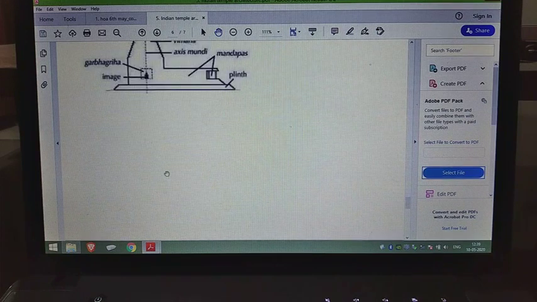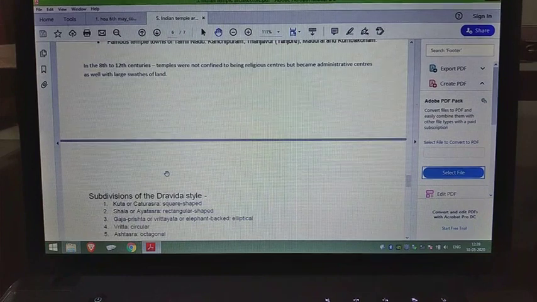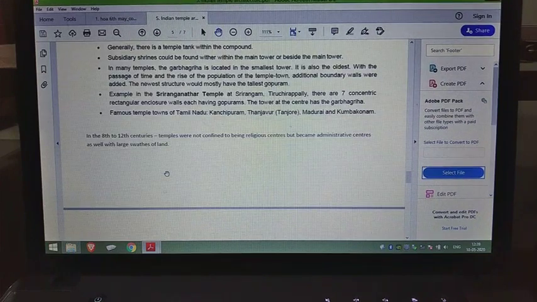ठीक? So just to revise, 3 basic styles: Nagar style, Vesara style, and Dravid style. Nagar style is the North Indian style, heavily influenced by the Gupta period. Dravid style में इन्होंने कुछ changes कर दिए, जैसे कि शिखर which was curvilinear, straight हो गया, विमान बन गया, it is called Vimana.